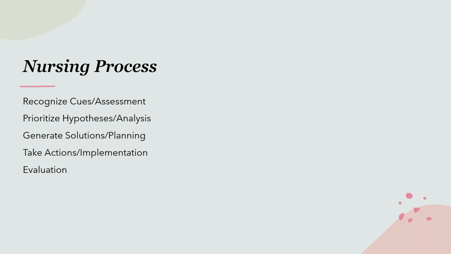Then, of course, we're going to evaluate clients frequently as their manifestations and safety needs can change because they can progress into different stages. We need to make sure that we're evaluating caregiver stress, caregiver fatigue, and providing that respite care as needed.